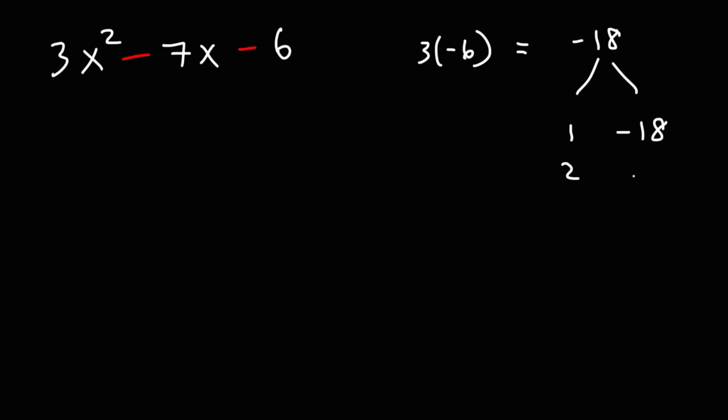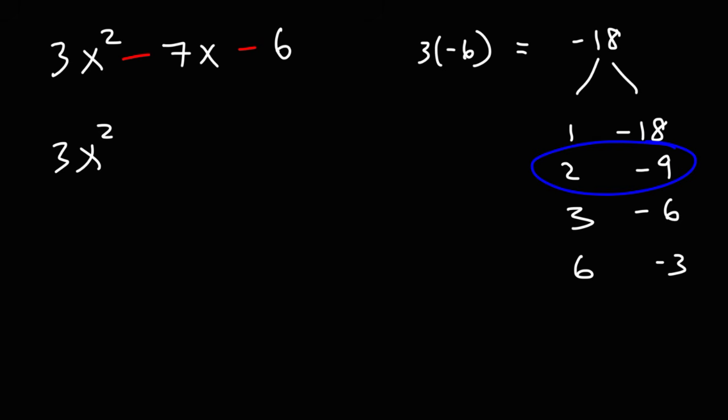So let's write down the factors of negative 18. If we divide it by 2, we're going to get negative 9. If we divide it by 3, we'll get negative 6. And if we divide it by 6, we'll get negative 3. Now note that 2 and negative 9, they multiply to negative 18, and they add up to the middle coefficient, negative 7, which is what we want.